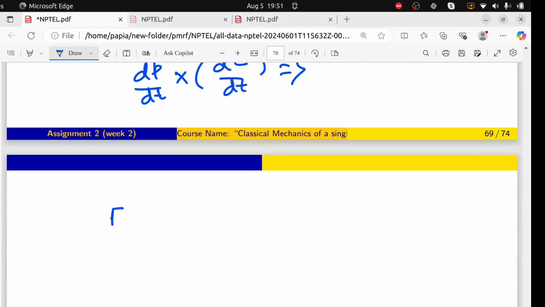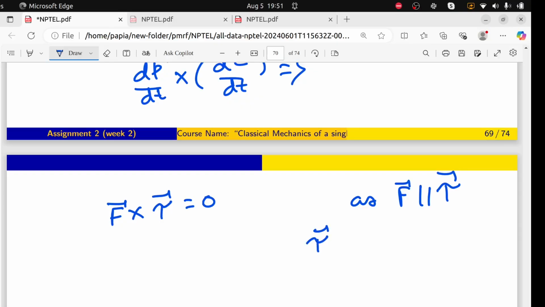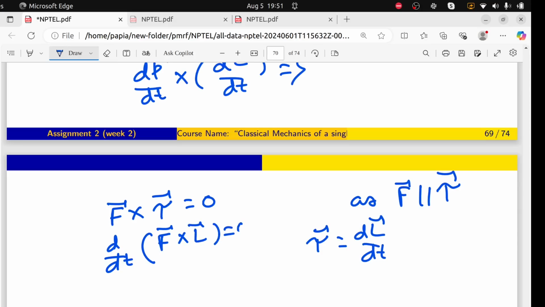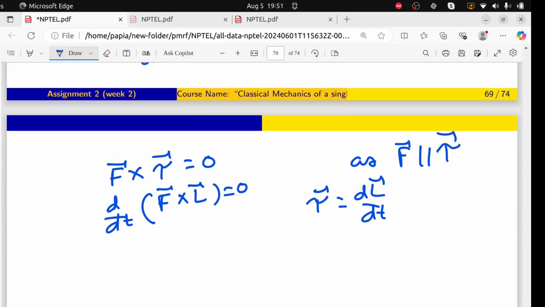Now F cross tau, as F is parallel to tau, and tau is dL/dt, I can write d/dt of F cross L is also 0, and obviously it's true.